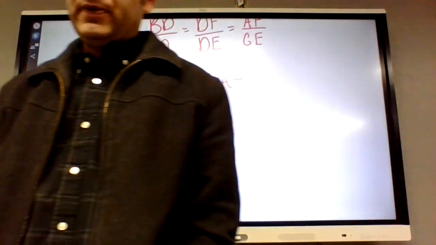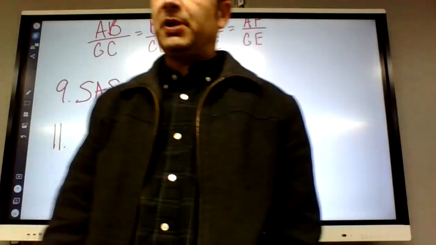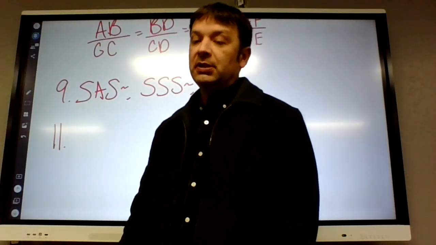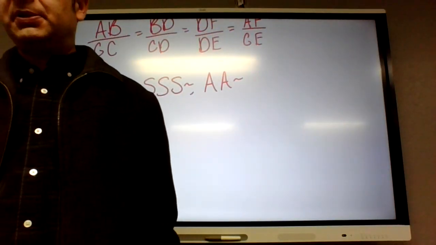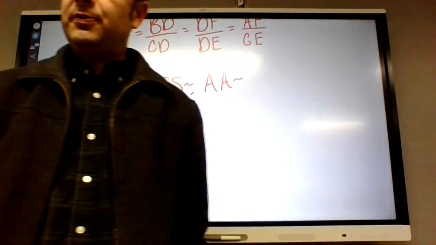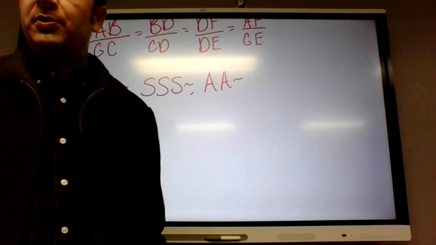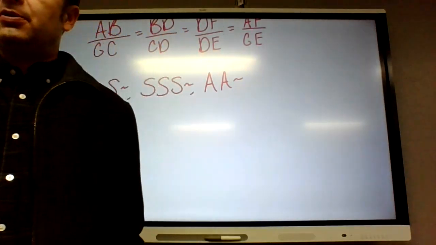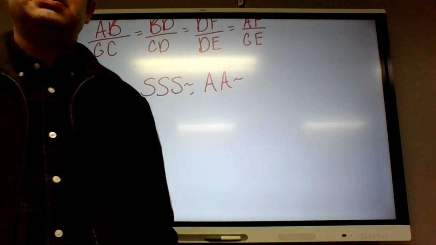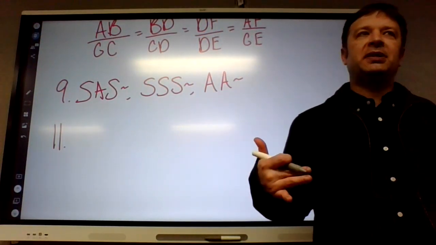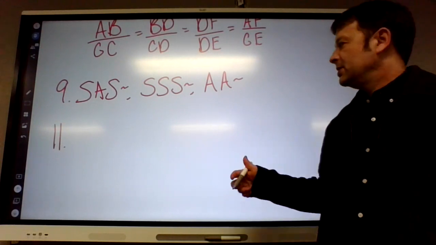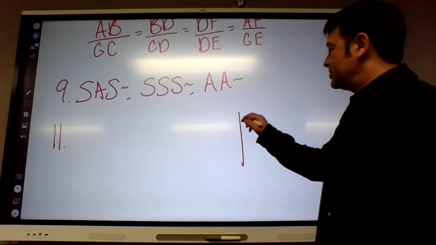Okay, number 11. Do we know that those 2 triangles are similar? Actually, let's look at number 10. True or false, a regular polygon is always similar to another regular polygon with the same number of sides. True. Regular just means all the sides and angles are equal, right? So a regular quadrilateral is a square.